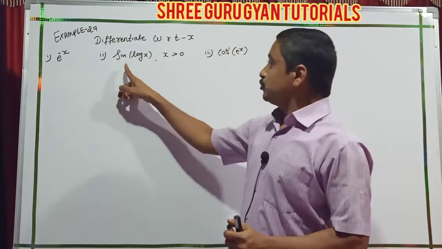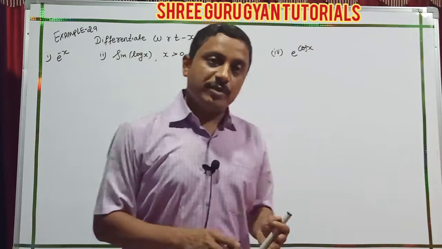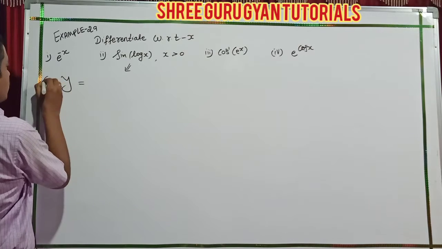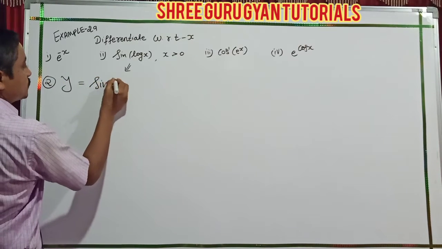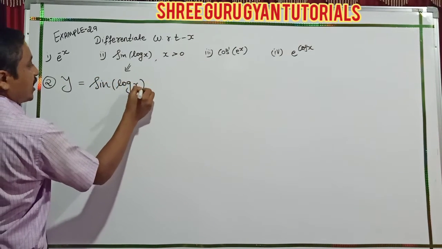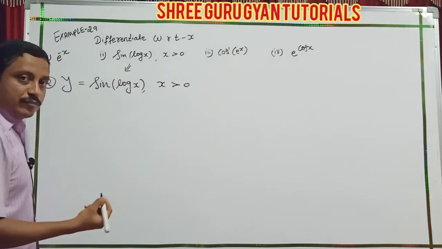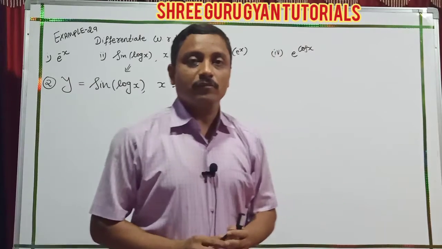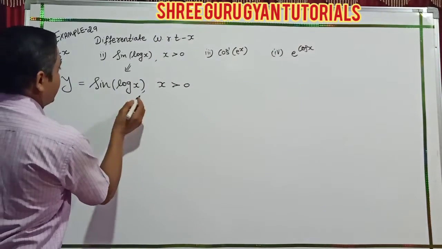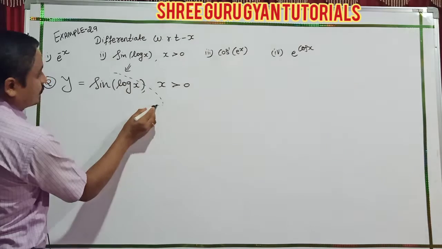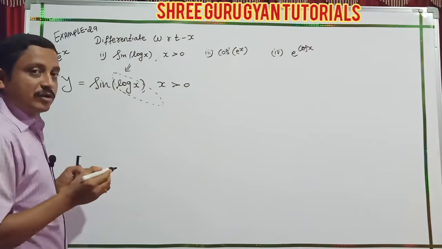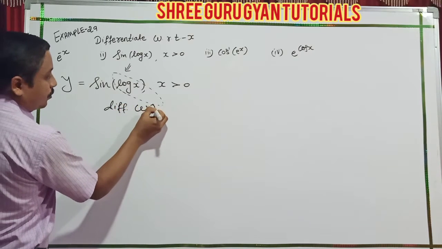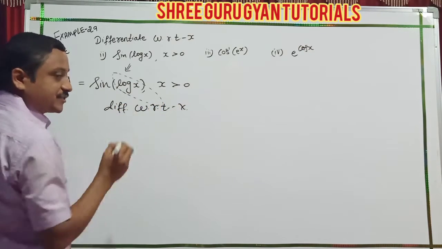Now students, I am going to the second one. Same as the second question. Here suppose y is sine of log x, where x is more than 0. Now I will start the differentiation. So students, here take this log x as one of our compositions. So differentiation with respect to x.